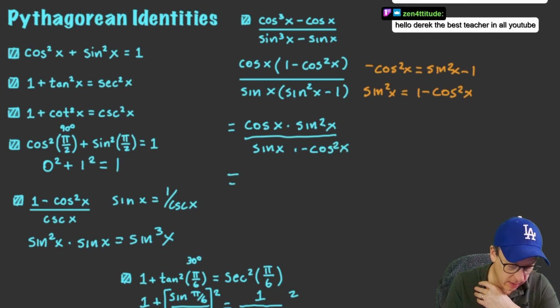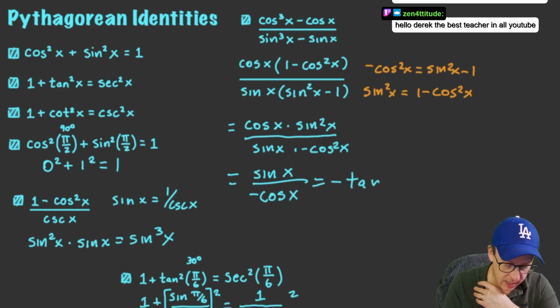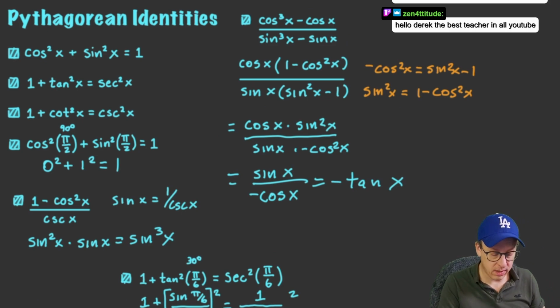And then we can finally simplify that down to its simpler form, which is sine of x divided by negative cosine of x, which finally gives us a value of negative tangent of x. So we can take this extremely complicated thing and convert it into this extremely simplistic thing.